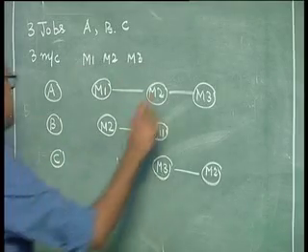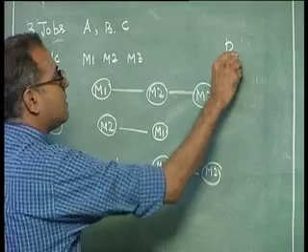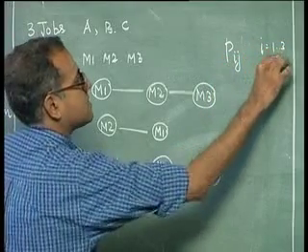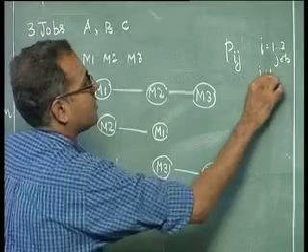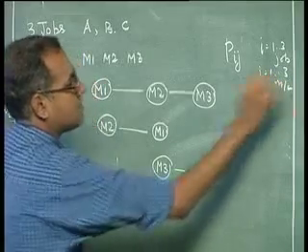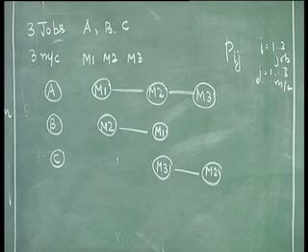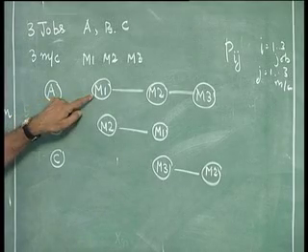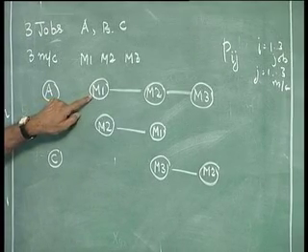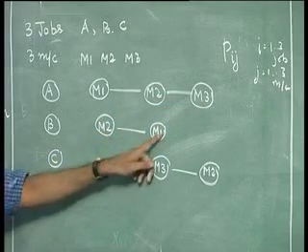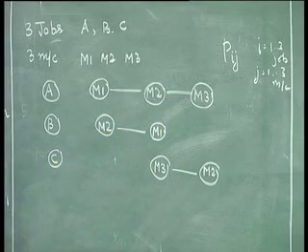The associated processing time will be Pij, where i equal to 1 to 3 represents job, j equal to 1 to 3 represents machine. For example, this will need P11, P12, P13, P22, P21 and so on.